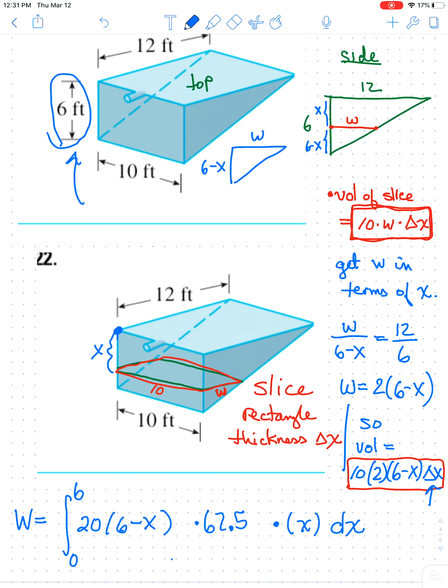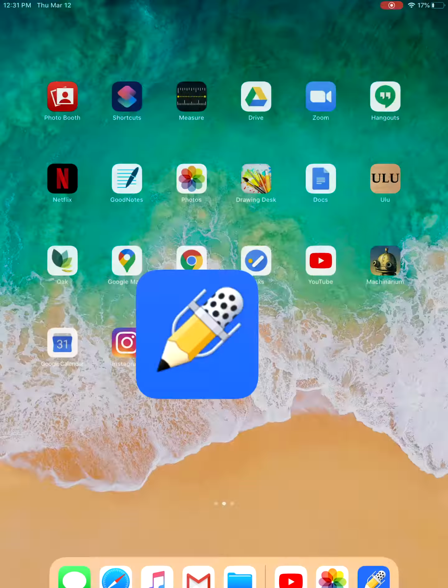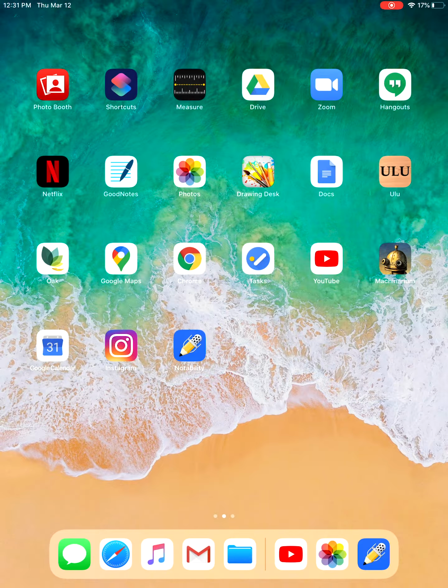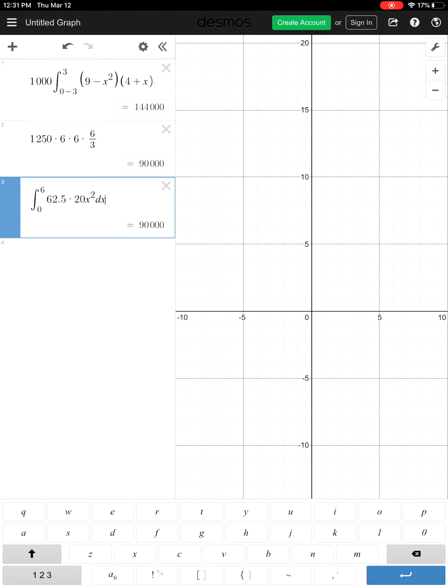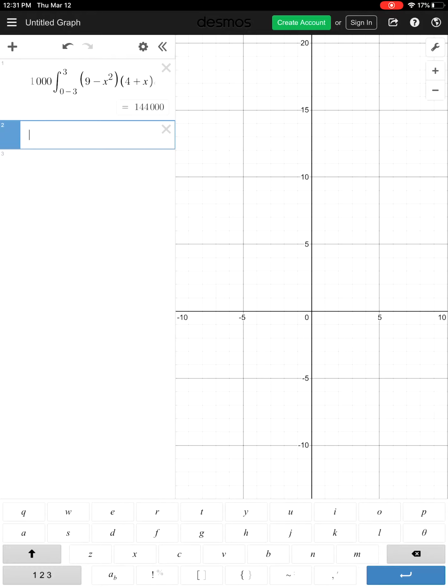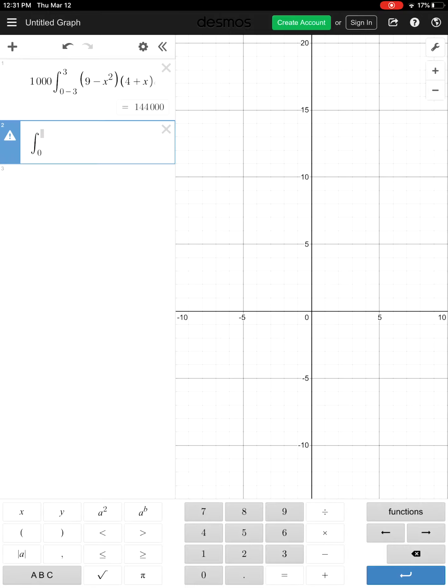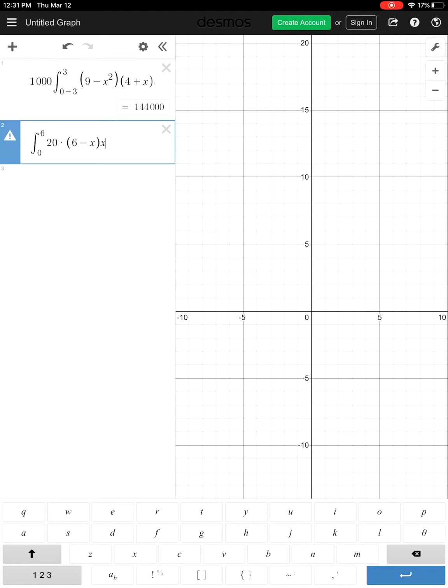And so if I work this integral out, I'm going to type that into Desmos. I'm going to get the integral from 0 to 6 of, let's see, 20 times 6 minus x times x dx.